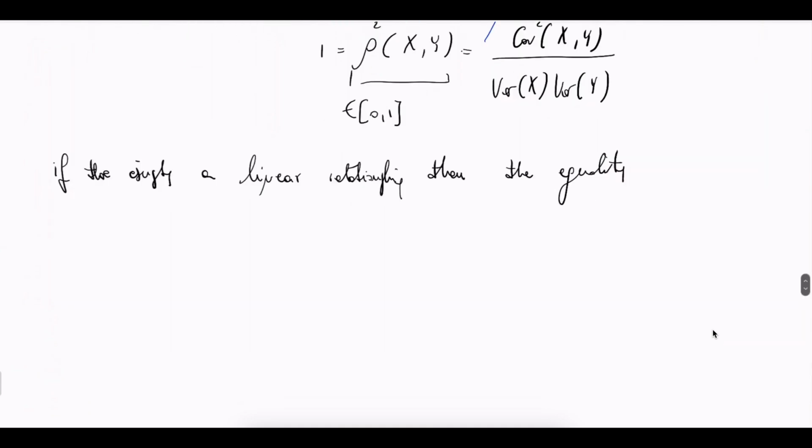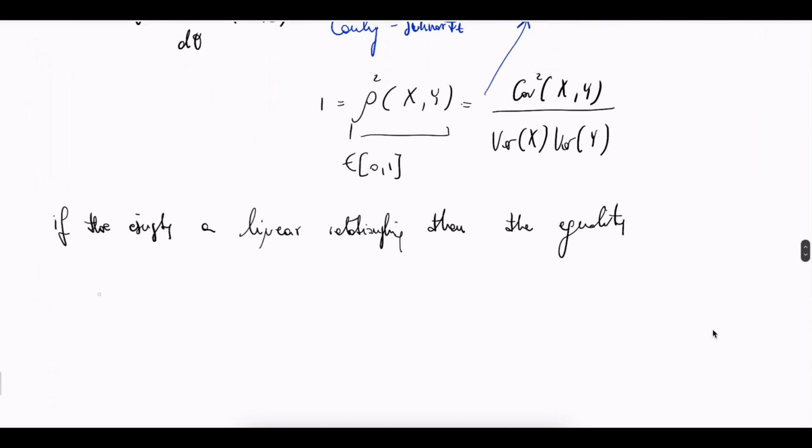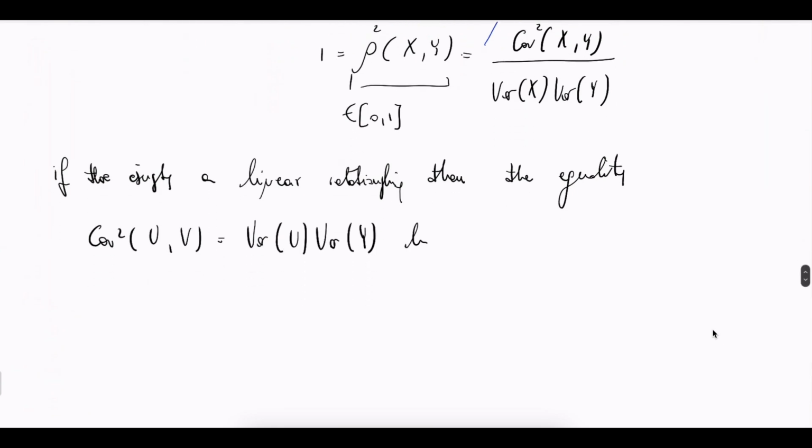and let's write it in extent: the squared covariance of U and V is equal to the product of the variances of U and V holds. Perfect.